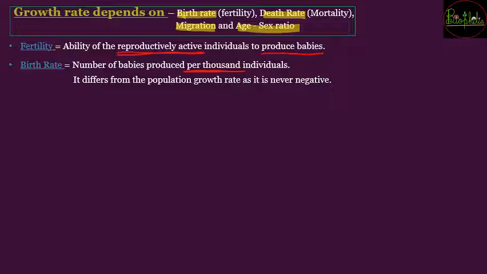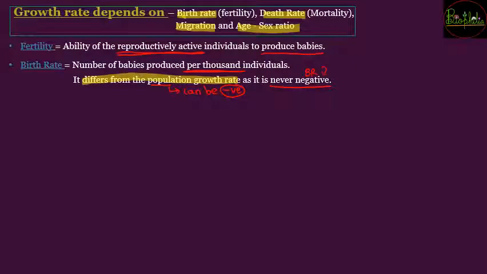Now it can differ from the population growth rate. How is it going to differ from the population growth rate? Because population growth rate can be negative, but birth rate can never be negative. कौन negative नहीं हो सकता है?